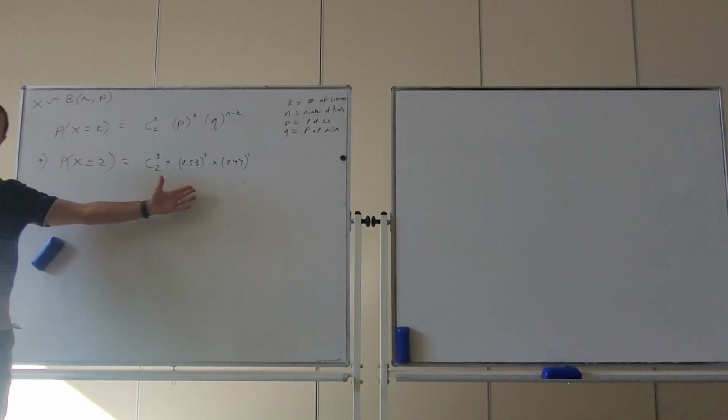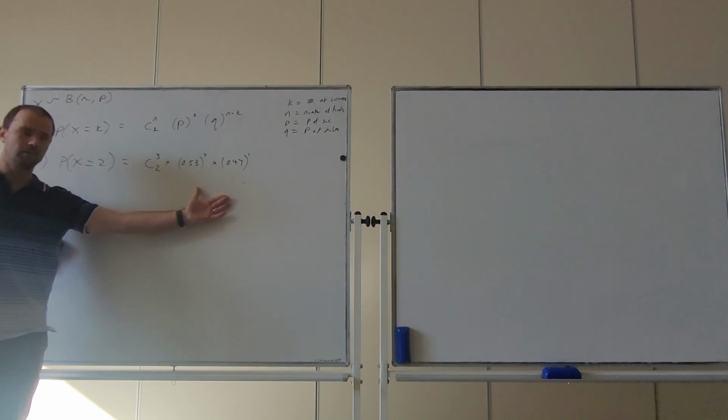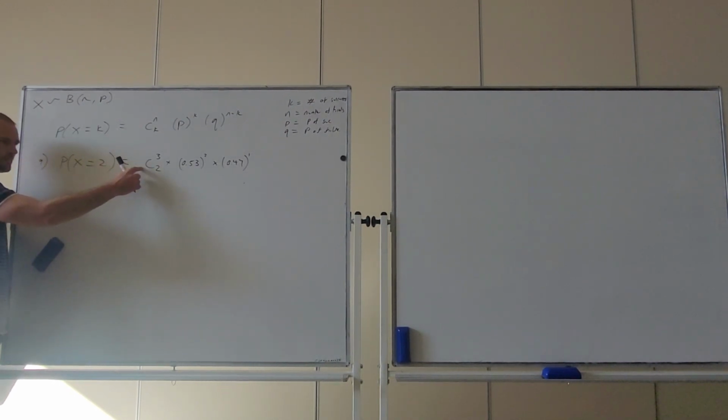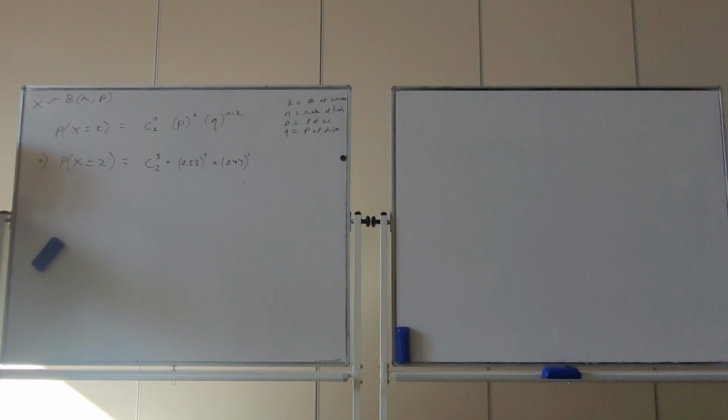Do you guys remember this from last year? Seen this formula? Yeah, excellent. So I'll talk about what each component of it means. This here just means it can happen a number of ways. If we're doing 3 trials and we get 2 successes, we could get success, success, failure. We could get success, failure, success.